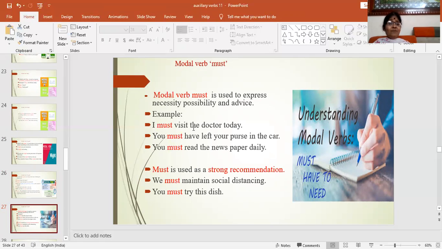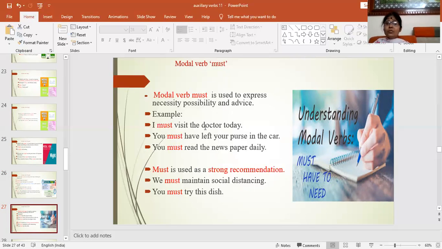You must have left your purse in the car. There is every possibility that I must have left my purse in the car. You must read the newspapers daily. It's an advice. So see how we can use our modal verb must to express necessity, possibility, and advice.